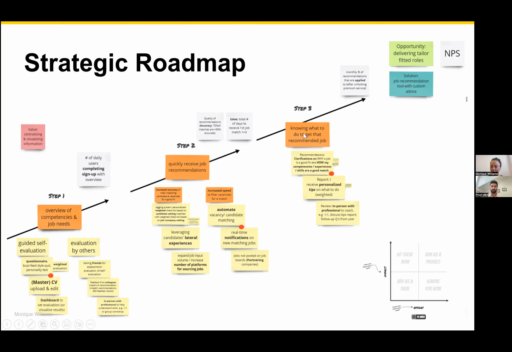And then moving on to the third outcome, the third step, is for users to know what to do to get that recommended job. So, for example, that would mean understanding why this is a great match. How do your competencies and your skills really apply to this job, right? It could mean offering custom advice, right?